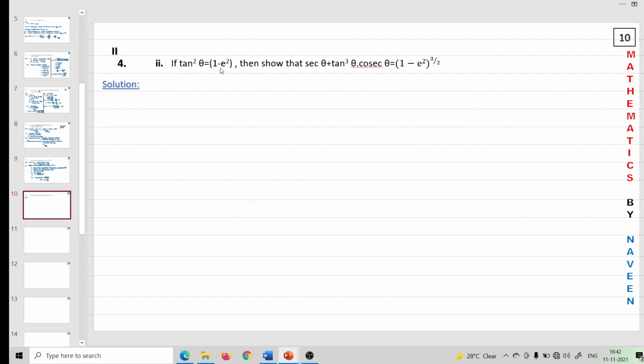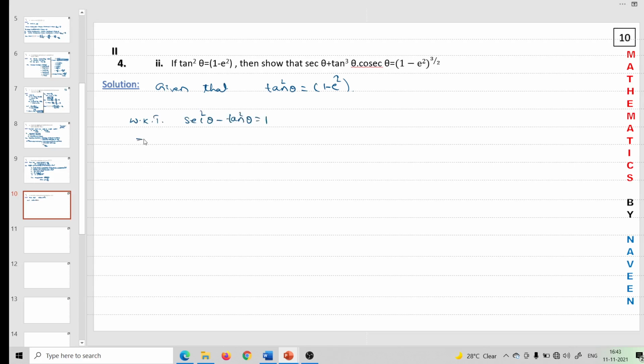If tan square theta is equals to 1 minus e square, then show that secant theta plus tan cube theta into cosecant theta is equals to 1 minus e square power 3 by 2. Solution: given that tan square theta is equals to 1 minus e square, right? We know that secant square theta minus tan square theta is equals to 1.